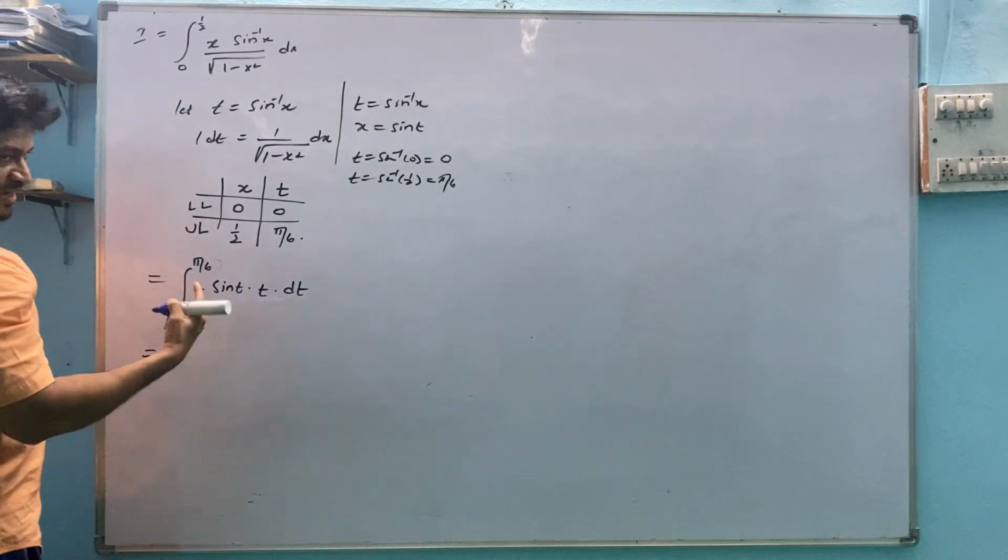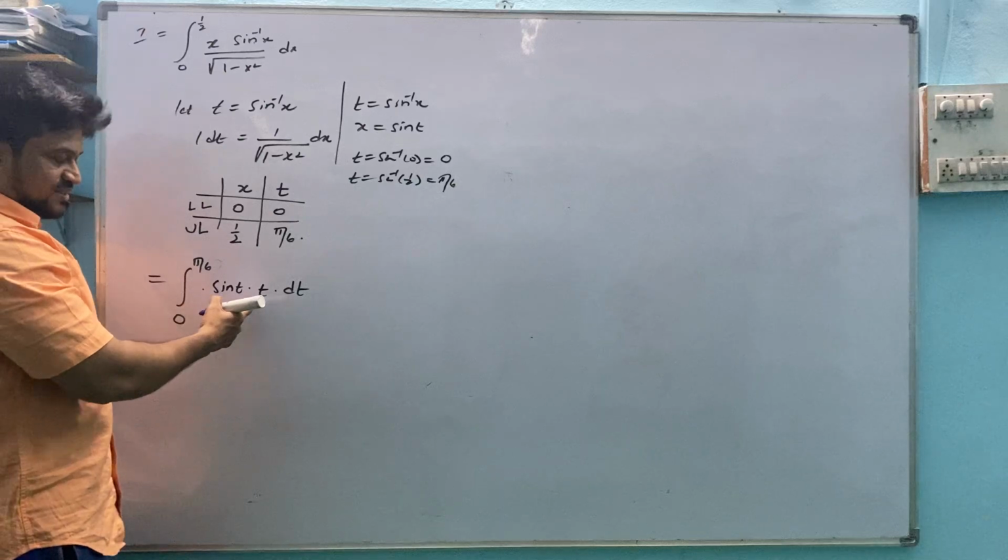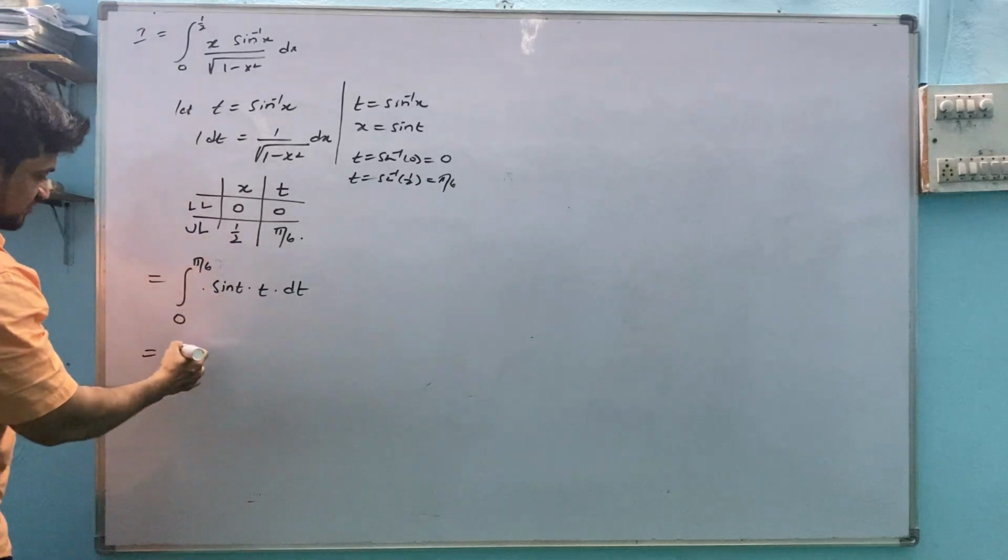Now according to the Euler form, this is algebraic and this is trigonometry, so we have to write them in order first.